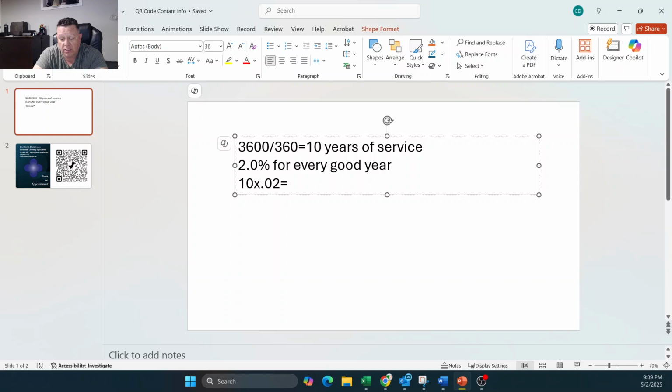Let's do 10 times 0.02. That equals 0.20, I just moved the decimal. That is a percentage, so that equals 20%.